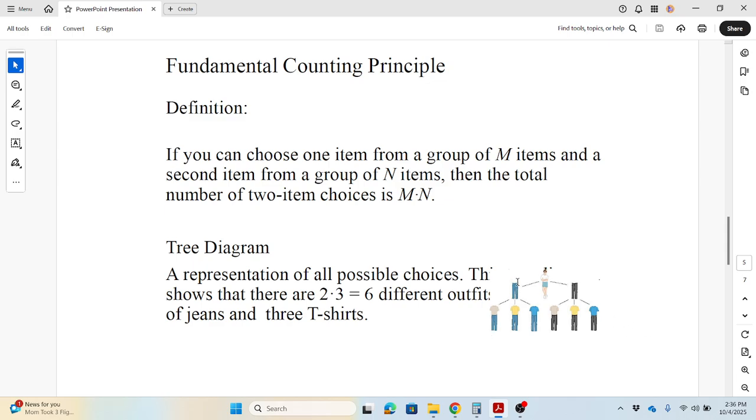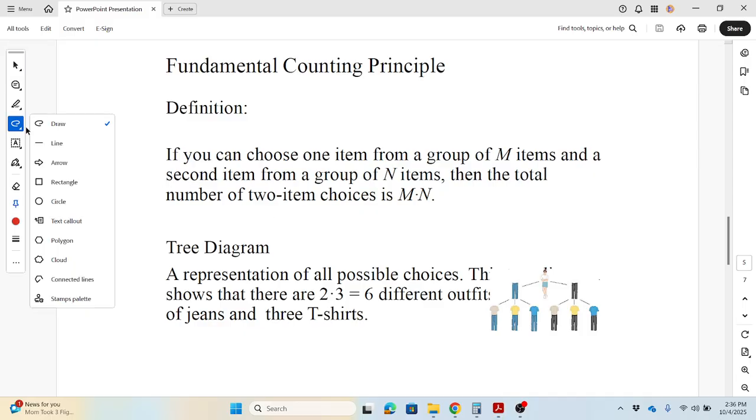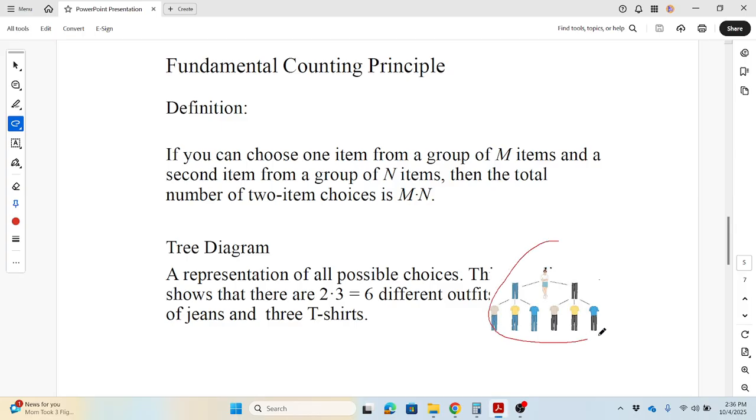As you can see here, one pair of jeans goes with the 3 different t-shirts, 3 different possibilities. Another pair of jeans goes with the very same 3 t-shirts, and that gives you another 3 different choices. So altogether 3 times 2 is 6 choices. That's coming from the fundamental principle: 2 times 3 is 6.